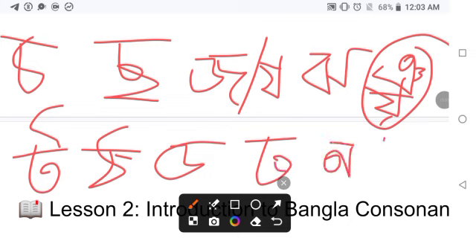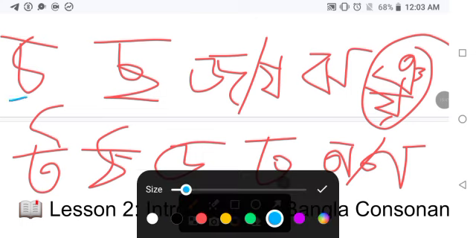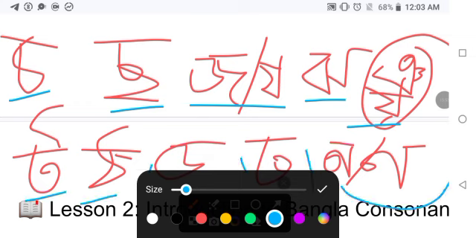This is n, this is also n. Okay, so ka, kha, ga, gha, bang, cha, cha. Another different color please. Cha, cha, ja, jha, y, ta, tha, da, dha, no.